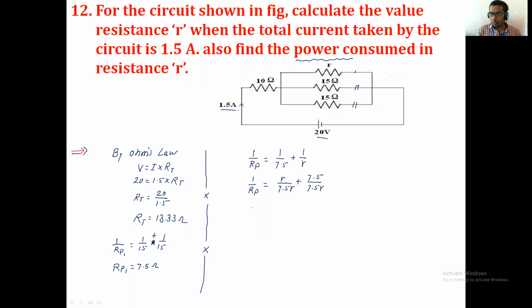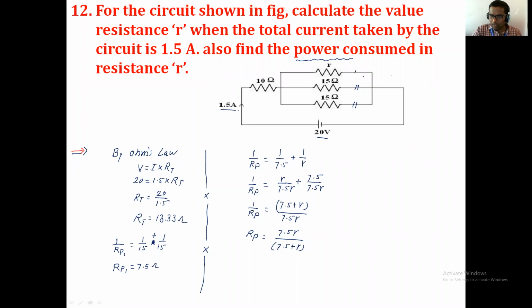The base is 7.5 multiplied by R. So I can write 1 upon Rp is equal to 7.5 plus R divided by the base 7.5 R. So I can write Rp is equal to 7.5 R divided by 7.5 plus R.